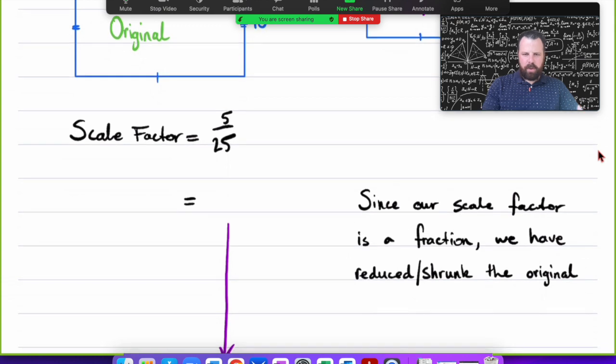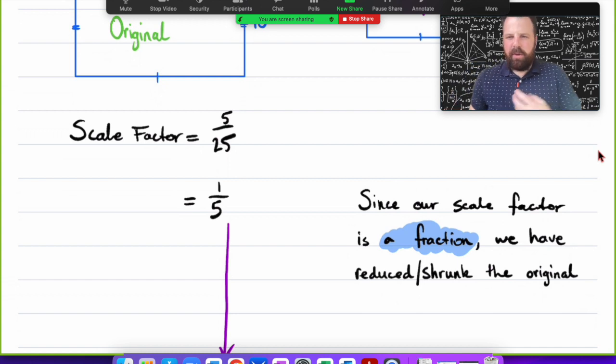And 5 over 25 is just 1 over 5. Since our scale factor is a fraction, we've reduced and shrunk our original.